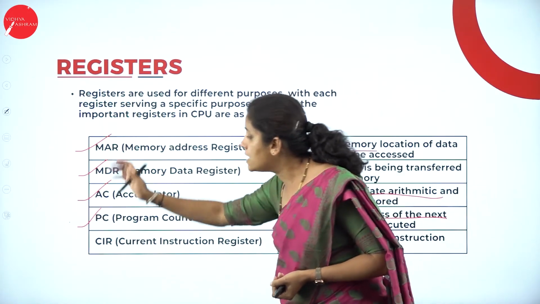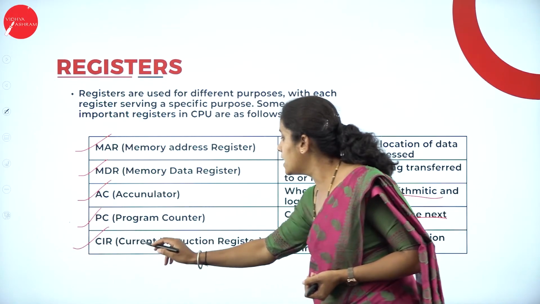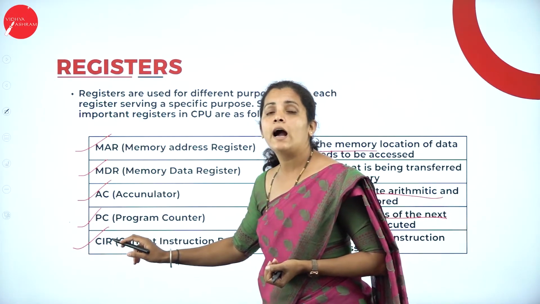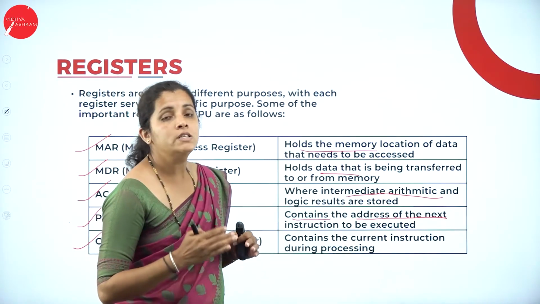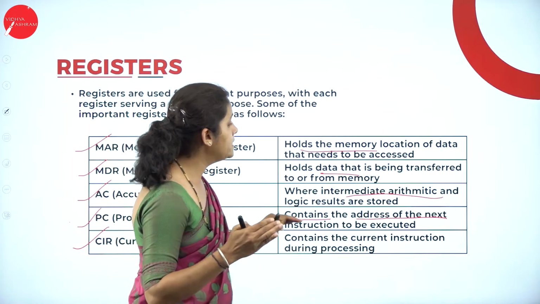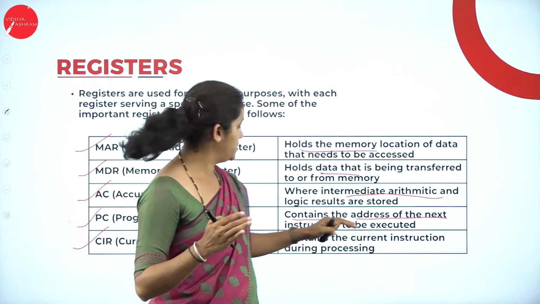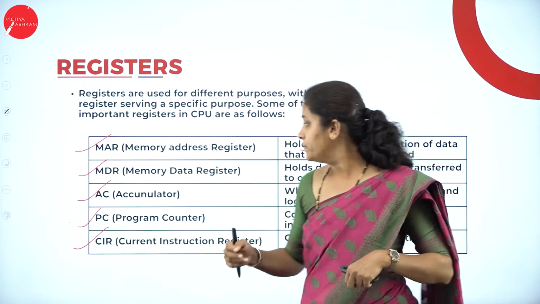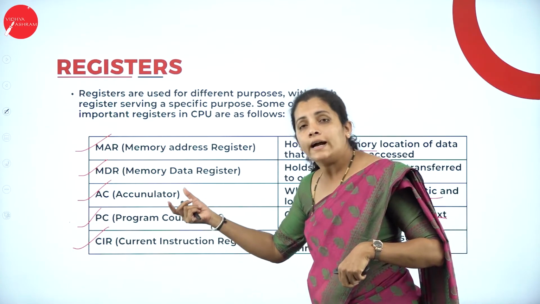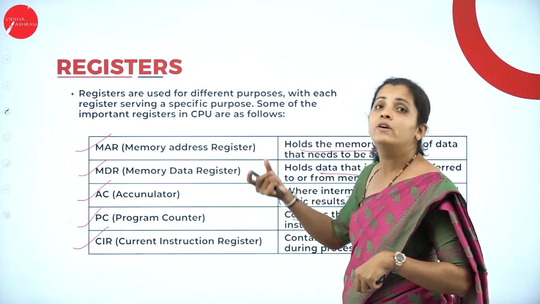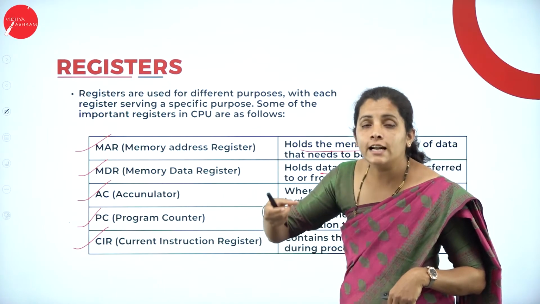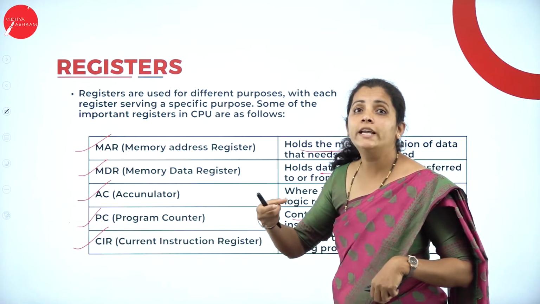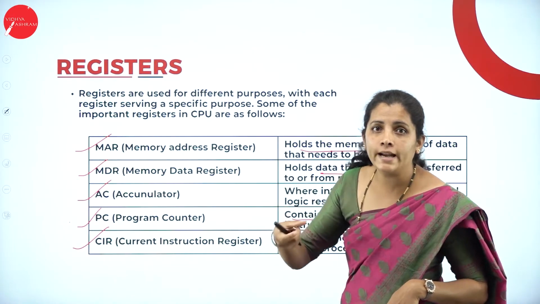The last register is the current instruction register, called CIR. The CIR contains the current instruction during processing. It holds the address of the current instruction that is being processed.